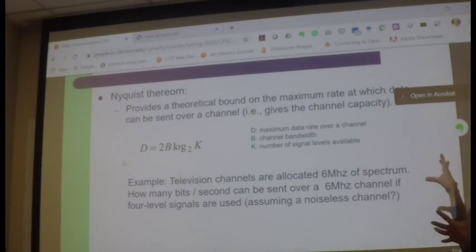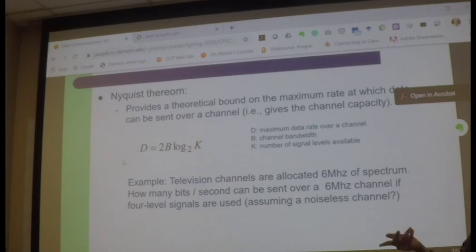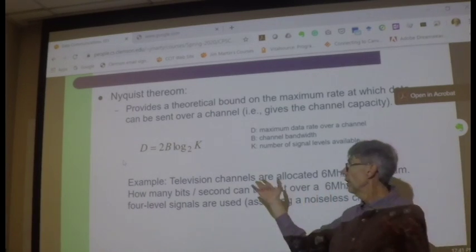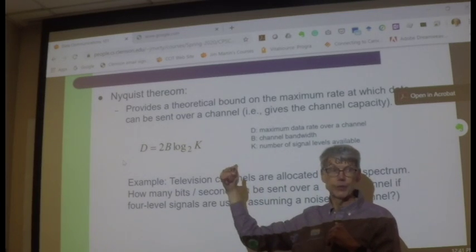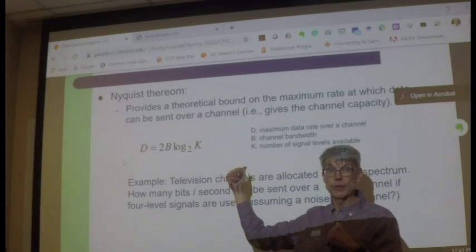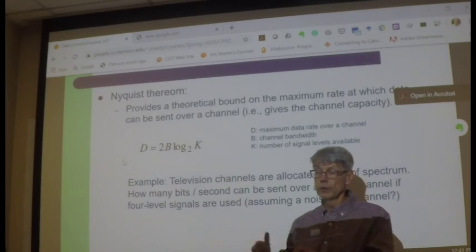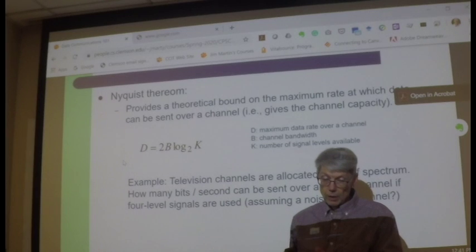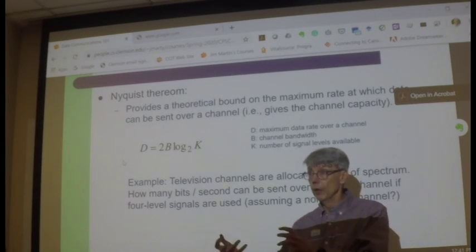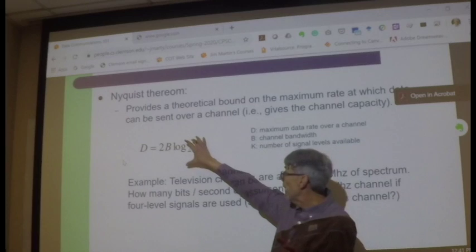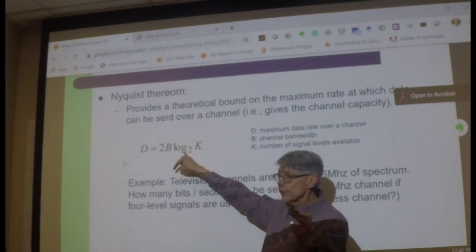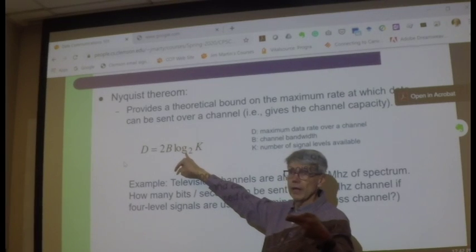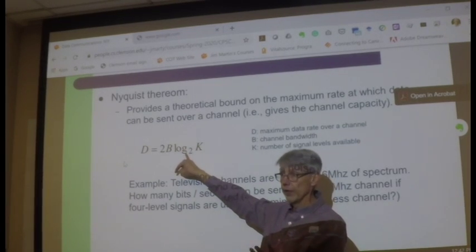There's another formula. If we were taking an ECE class, there's basically a whole class talking about information theory, which is the physics behind this. But there's another formula, Shannon's formula, which is based on this. This assumes unrealistically an ideal channel, meaning no noise.